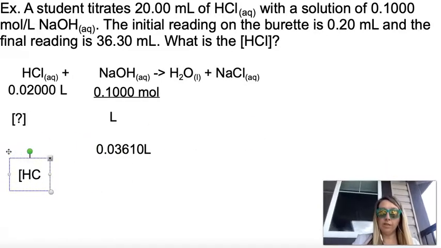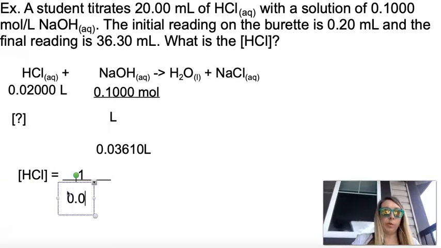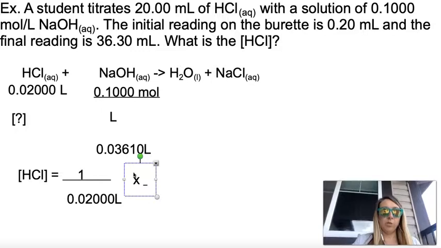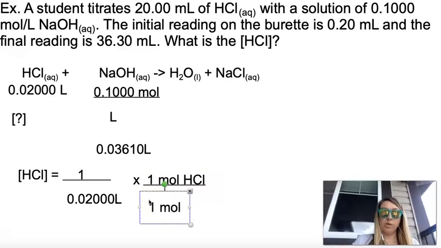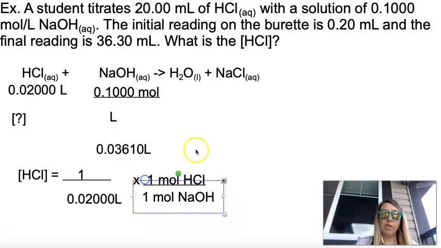We are going to calculate the concentration of HCl just using our unit analysis. So we are going to do 1 over that 0.02000 liters, right? So that we are placing liters of HCl on the bottom because we're looking for moles per liter of HCl. We are then going to times by our ratio, so 1 mole of HCl over 1 mole of NaOH, right? So now we've placed the moles of HCl.